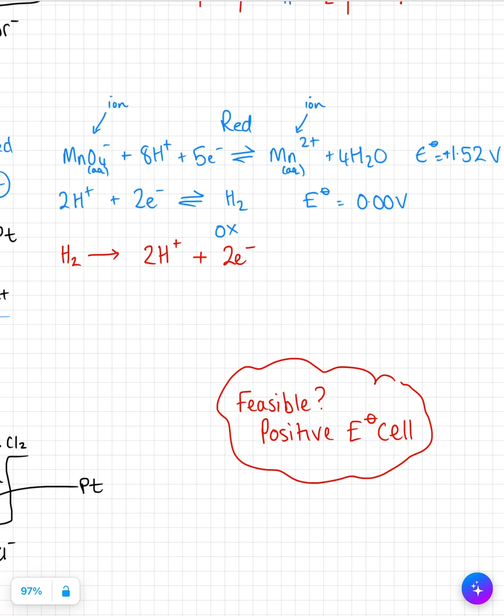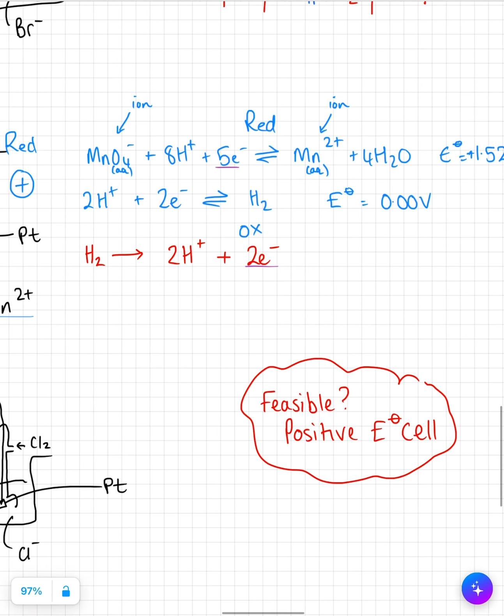Now what we have to ensure is that the electrons are balanced. We have got 2 electrons and we have got 5 electrons. The only way to balance this is to multiply both equations up. So we are going to multiply by 5 and we are going to multiply by 2. So everything is now getting multiplied by 2.